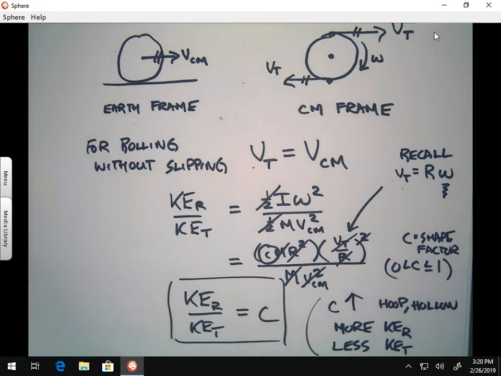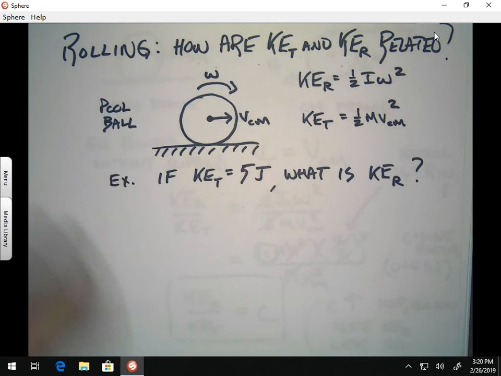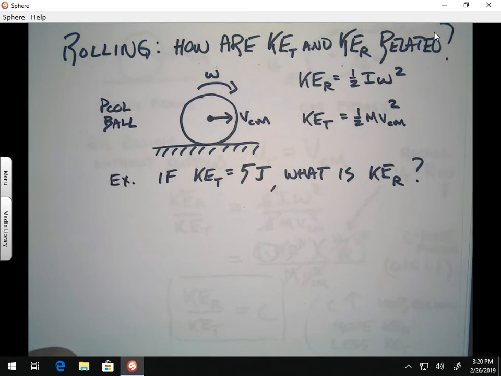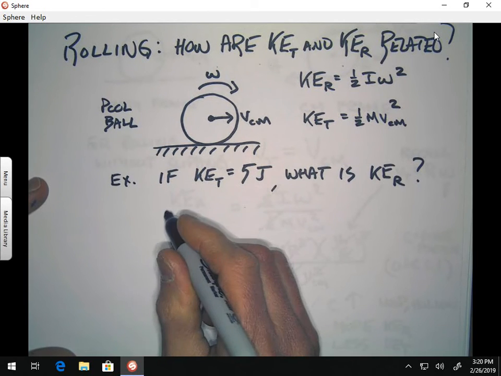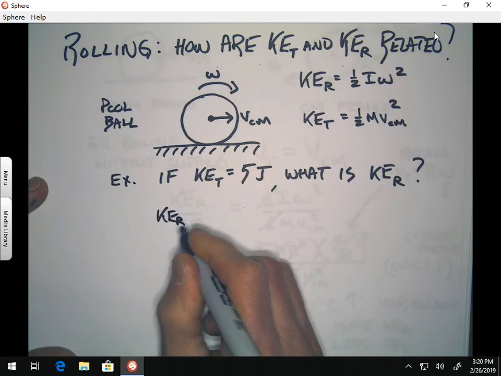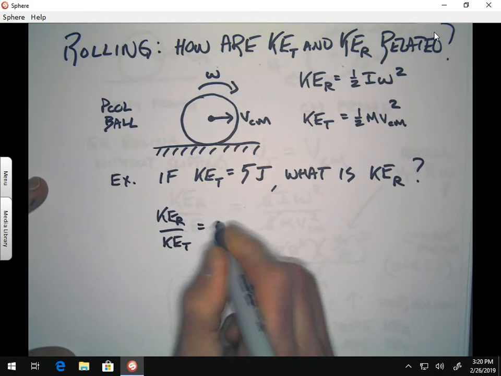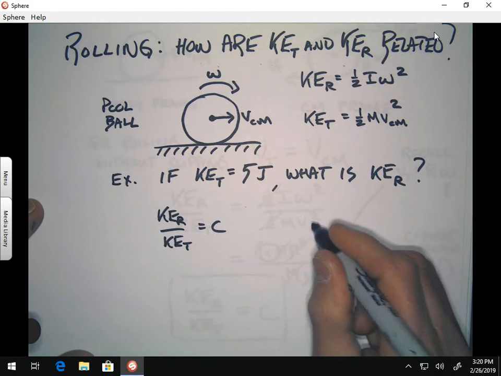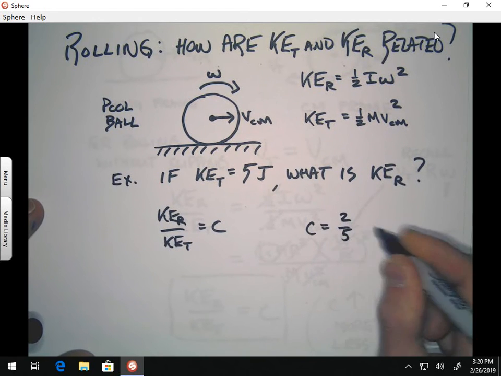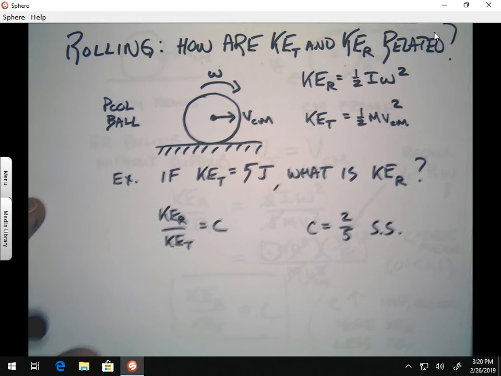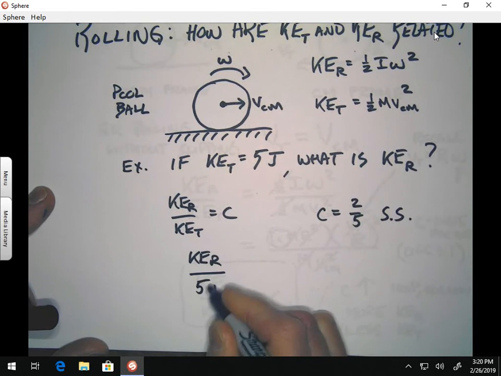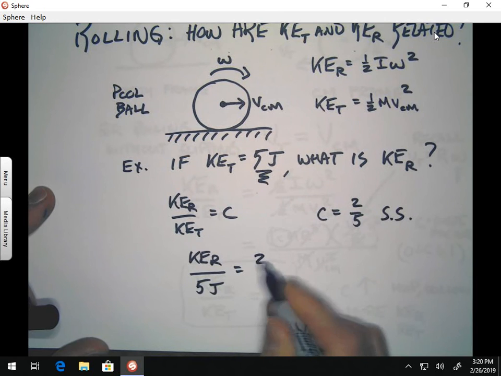So finally, let's go back and see if we can use it in our example. We said if you have an example where the translational kinetic energy is 5 joules, what's the rotational energy? Okay, so we've got KE_R over KE_T is equal to C. We said this is a pool ball. A pool ball is a solid sphere, so C is going to be equal to 2/5. So we'll have KE rotation over 5 joules is equal to 2/5.